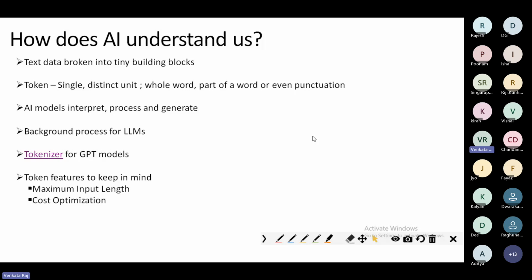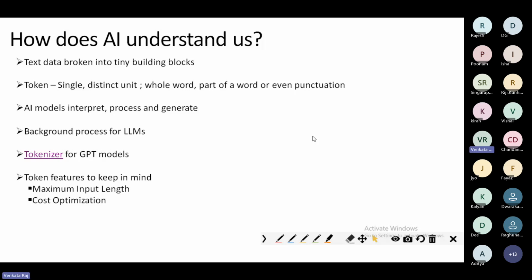This limit is very crucial, and it includes both your prompt as well as response. So whichever LLM you are using, please read the documentation, because if you are exceeding this maximum input length, your responses will not be complete. Your responses will not make sense.